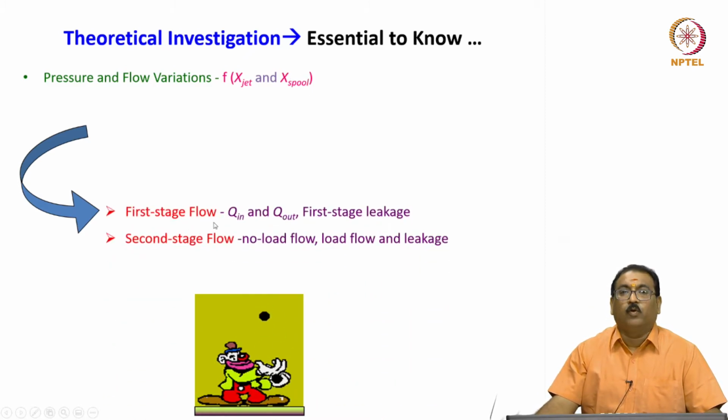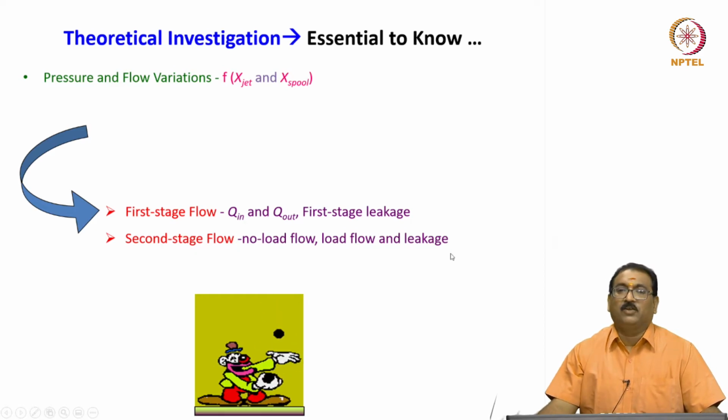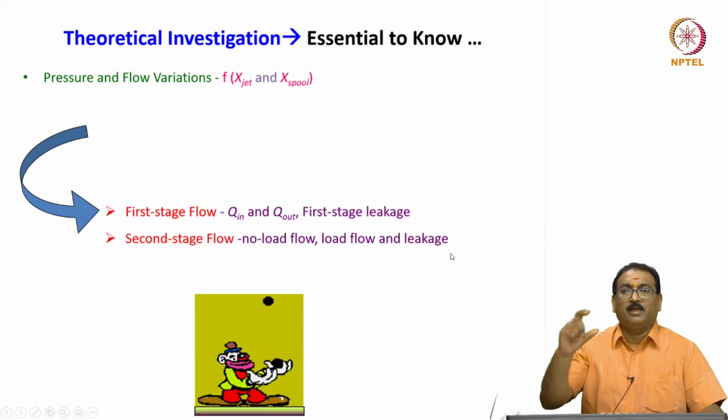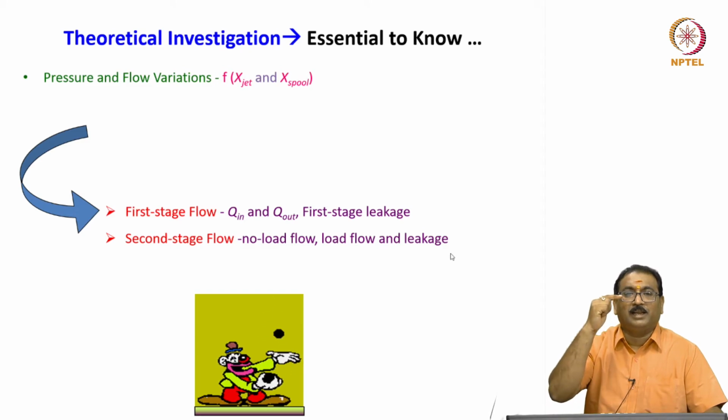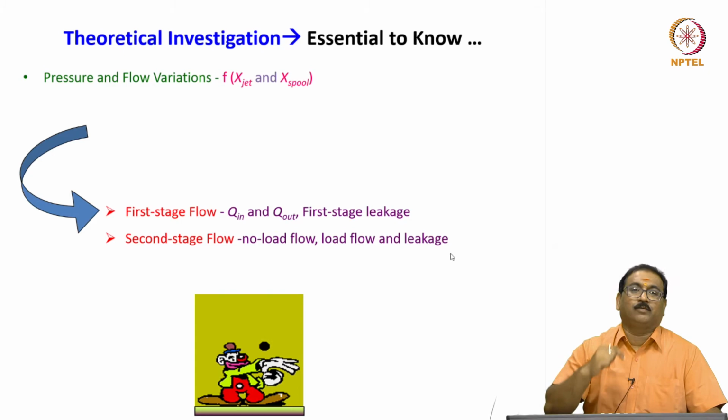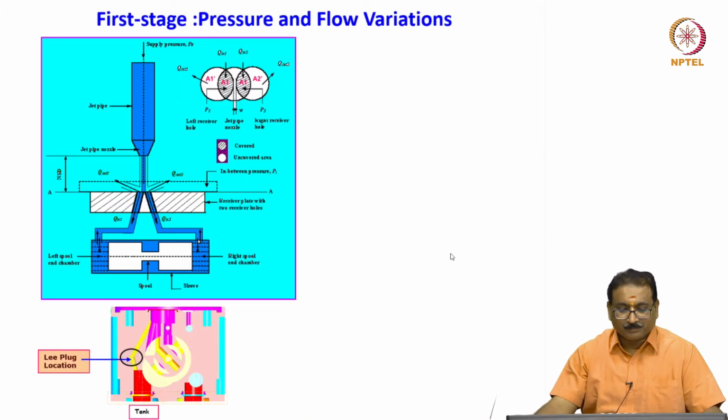So: the first stage flow Q in and Q out, first stage leakage. Second stage flow: no load flow, load flow and leakage. Leakage means when the spool is at the null position, through the radial clearance between the spool and the valve body, there is always a flow, the null leakage.